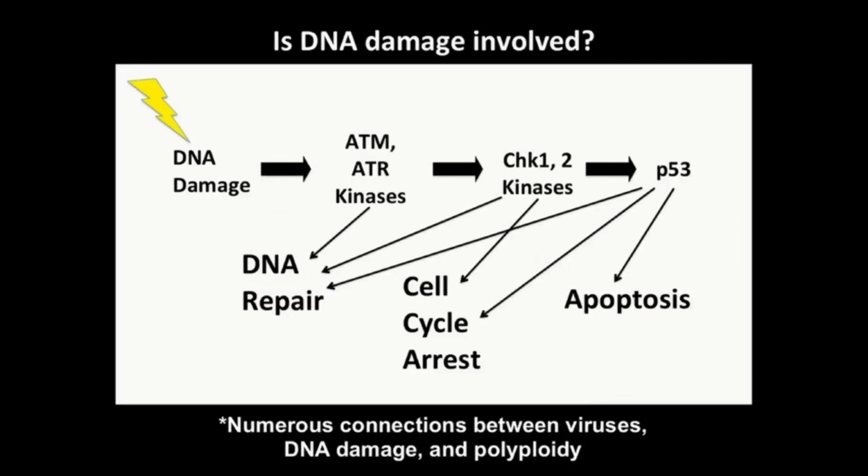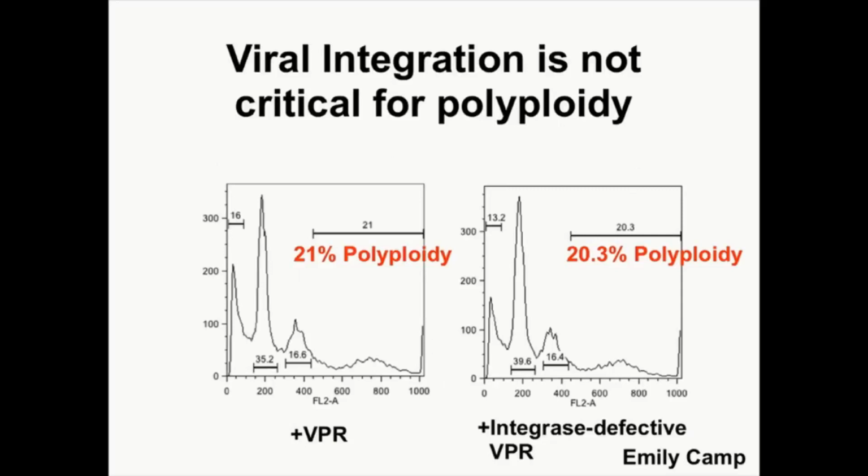Given the well-known connections between viruses and DNA damage, and that DNA damage can sometimes promote polyploidy, it was important to think about the relationship between VPR and polyploidy in this context. What Emily's found are a number of important clues as to what's going on here.